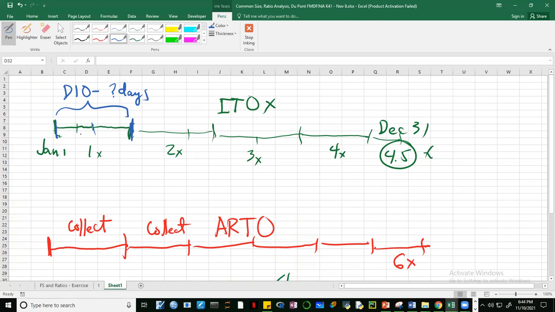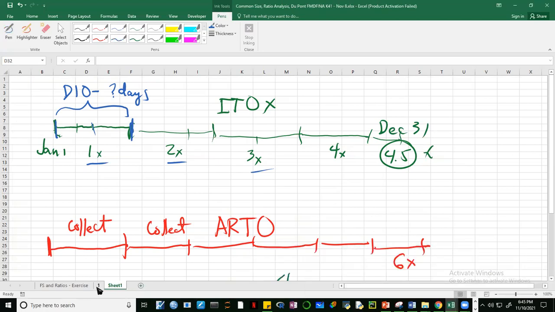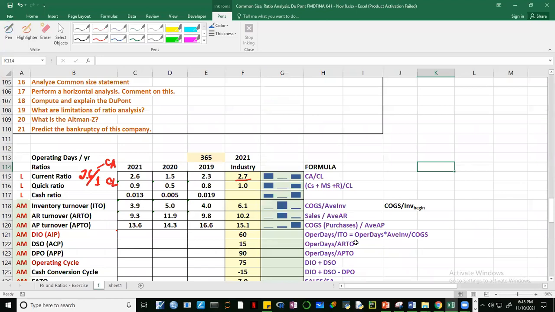Of course, pare-pareho yan, no? Kasi 1 times, 2 times, 3 times, etc. So that's a more intuitive way to look at the turnover of the inventory, no? So let's do that. And the formula is very easy lang yung formula, guys. Okay, ito.